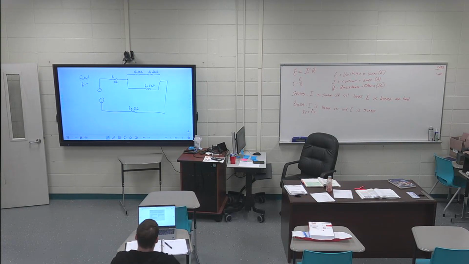Then do the reciprocal and flip that upside down and have 40 over 2. That's 40 divided by 2, which is 20. So now you have an equivalent resistance for all of this that is 20.